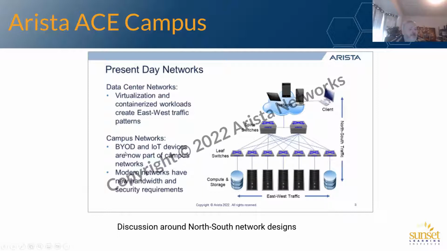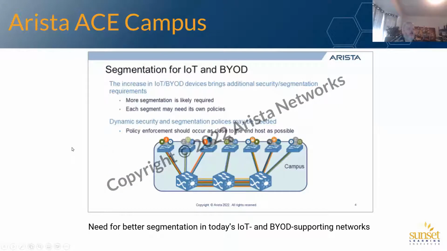And of course, BYOD, bring your own device, IoT devices. These are all now down in the campus as well, down at the access part of the campus. And so we need to allow for those devices to be able to communicate to each other as well, all right? We talk about the fact that, again, bringing in IoT devices, a lot of enterprises, a lot of organizations might have hundreds or even thousands now of IoT devices.